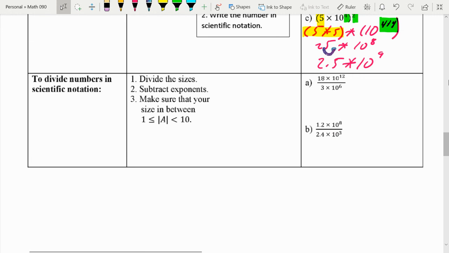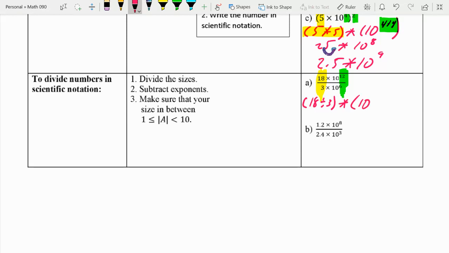Now we're dividing. When you're dividing, here's A. Here is N. One of these days I'll learn my alphabet. So what we're going to do is 18 divided by 3 times 10.